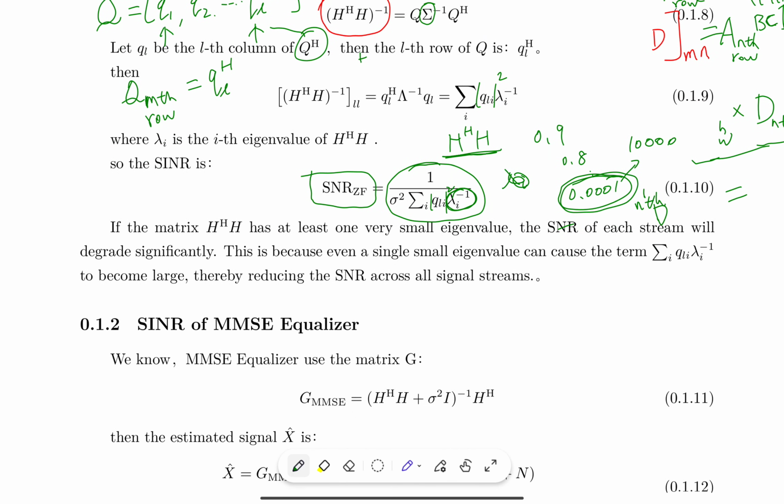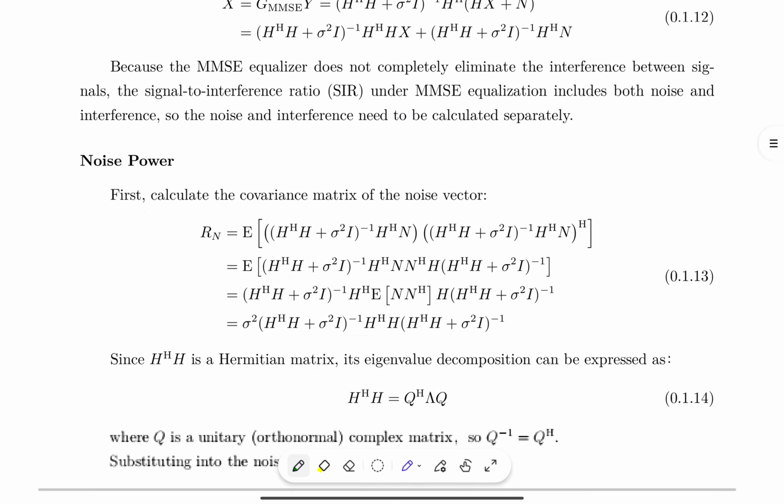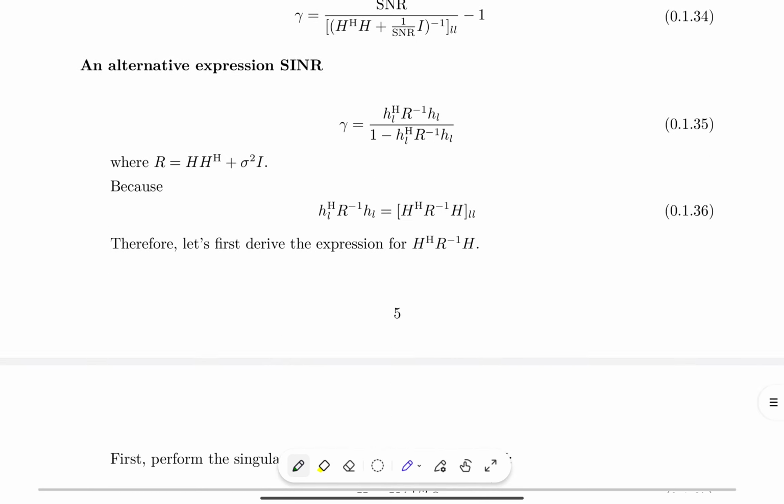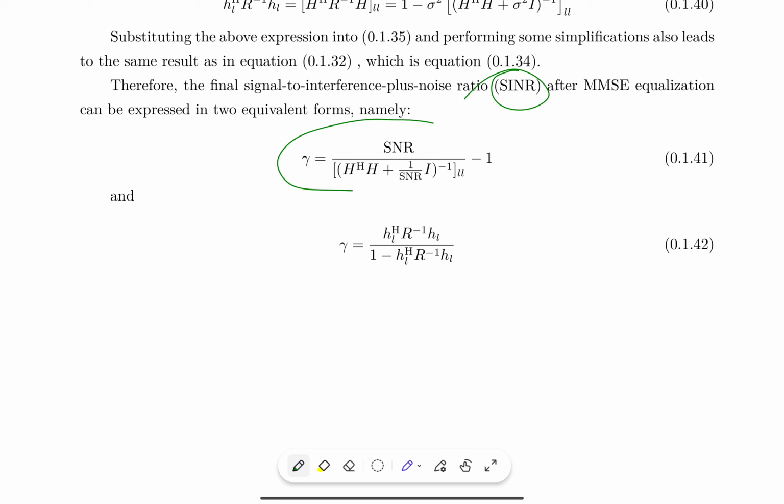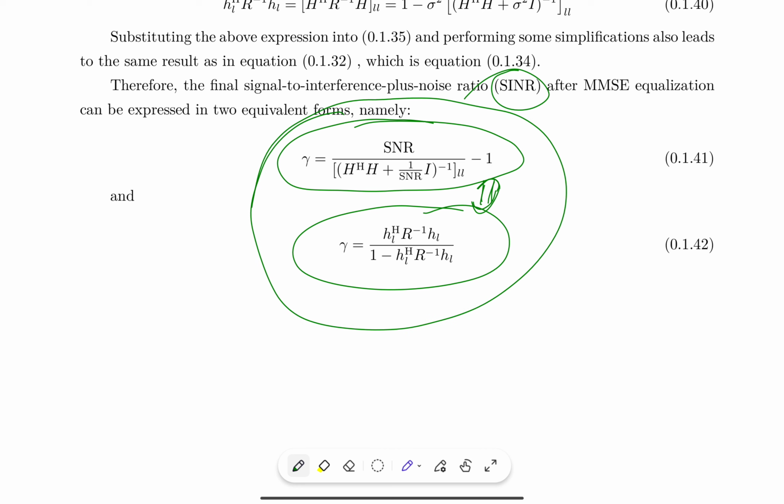Okay, now we have discussed the zero forcing equalizer's SNR formula. In the next video we will discuss the MMSE's SNR formula. There are two formulas. They are basically the same, using different forms.